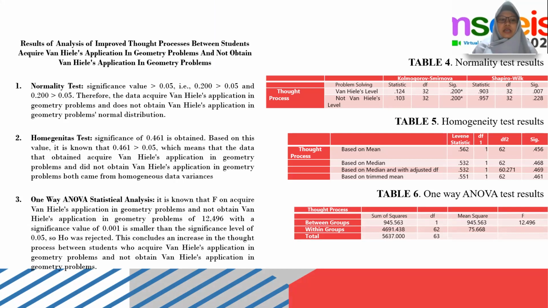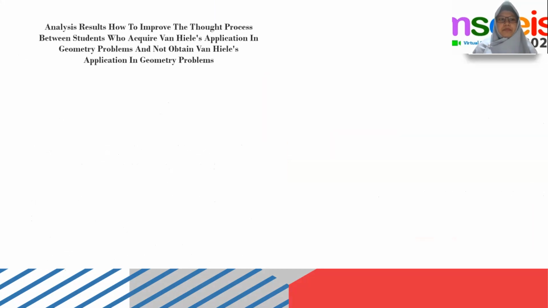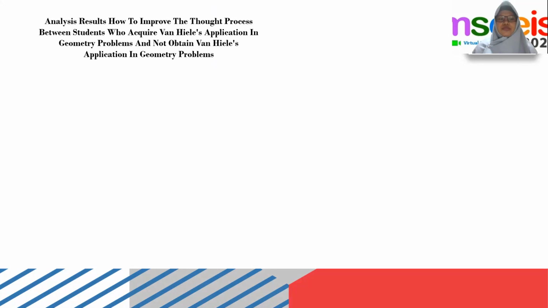So H0 was rejected. This concludes there is an increase in the thinking process between students who acquired Van Hiele application in geometry problems and those who did not.